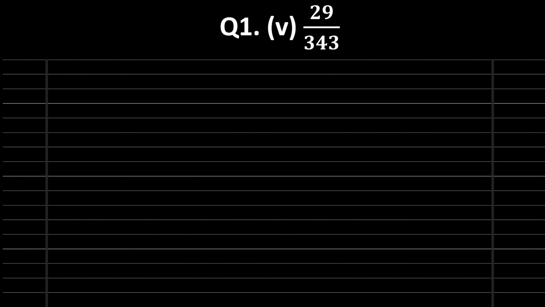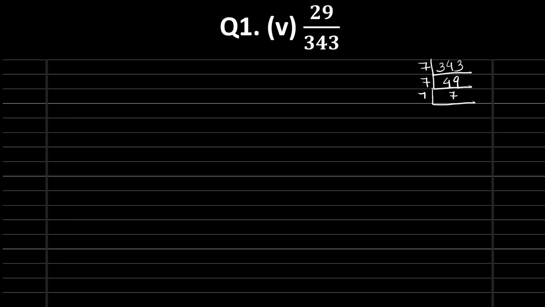Now, this is the fifth subpart of question number 1. Here we have 29 upon 343. So, let's prime factorize the denominator 343. We can divide it with 7 in order to get 49 as a quotient. Again, dividing 49 with 7 will give us 7 as a quotient.